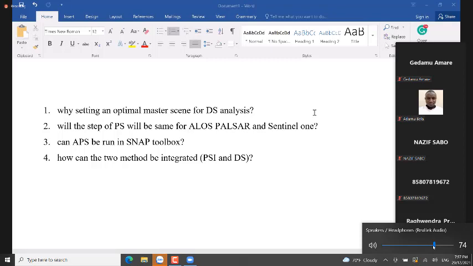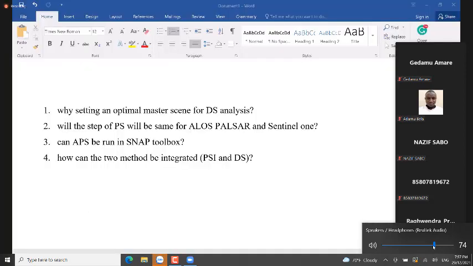I think you have to switch to another tool. SNAP is now integrated with StaMPS, I think. You can use SNAP to process and then move forward, for example, towards StaMPS for PS or multi-baseline processing.